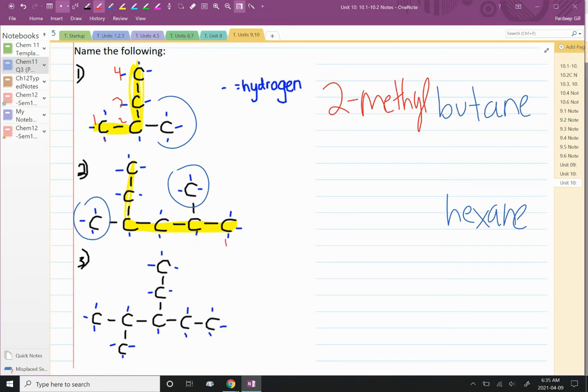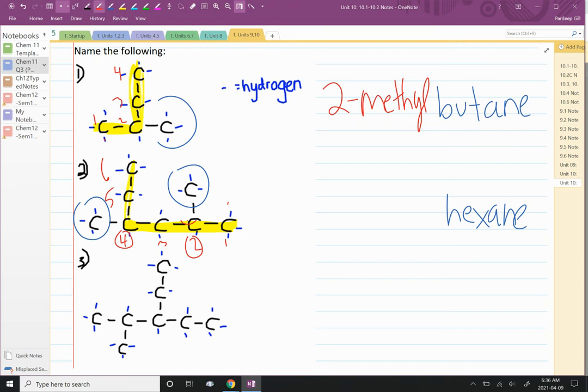So I can go 1, 2, 3, 4, 5, and 6, or I can go 1, 2, 3, 4, 5, and 6. So here I get a combination of 5 and 3, so a total 8. And here I get a combination 2 and 4, so a total 6. So you always want to use the lowest combination when you're numbering, so I can get rid of those numbers.